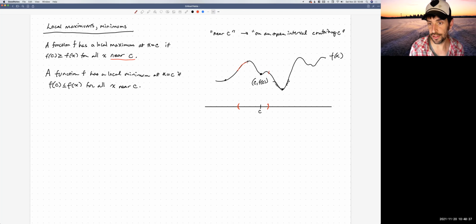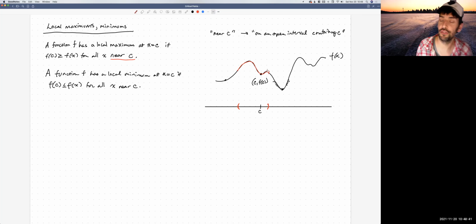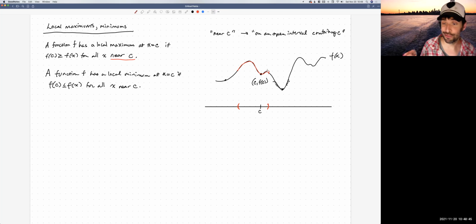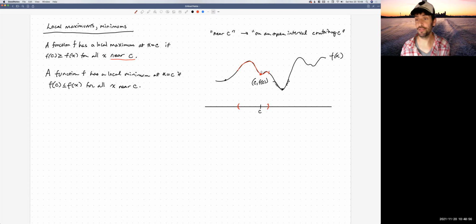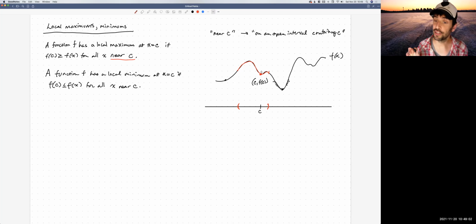So I'd be looking at this section of the function above that interval. All the output values are greater than f of c right here. That point is a local minimum, right? Because there's an open interval that exists where this is true, where it's the smallest value, right? So that's what we mean by near c, right?